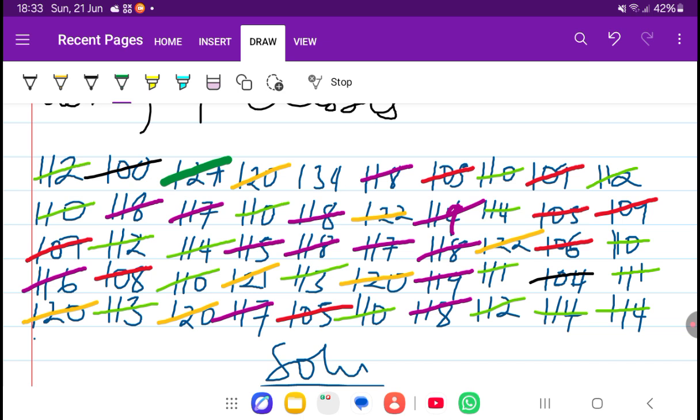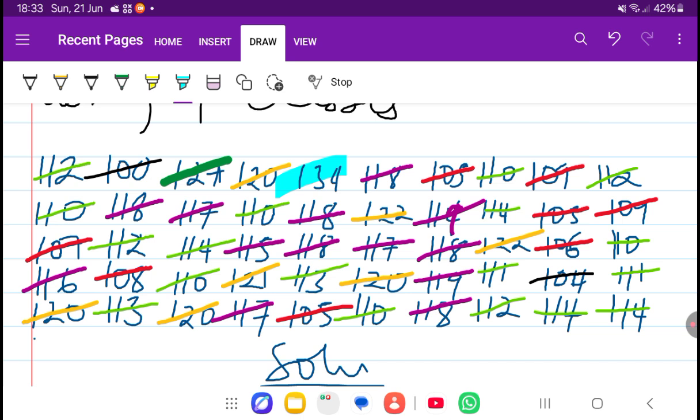Of course it's only one. We have not seen any other. Then the last one is 130 to 134. 134 is here. It's only one value because the rest are crossed. All of them are crossed.